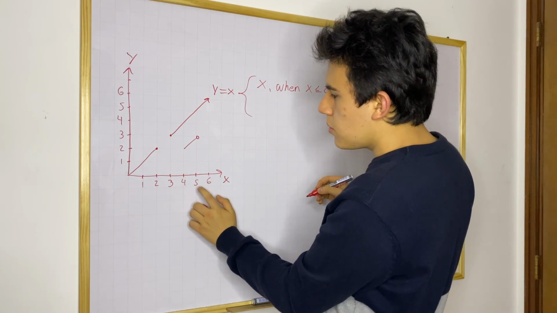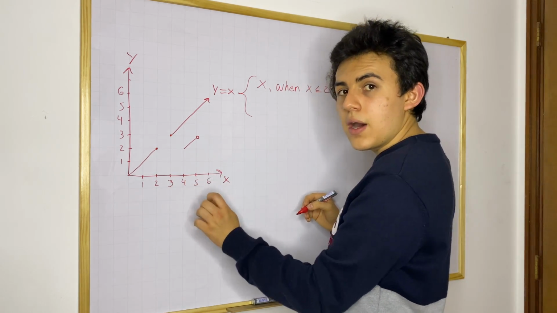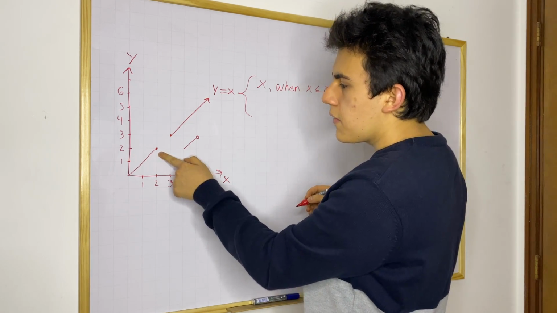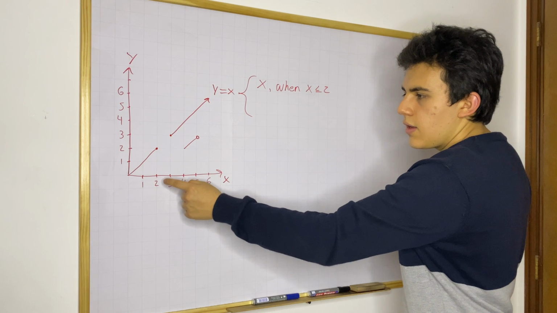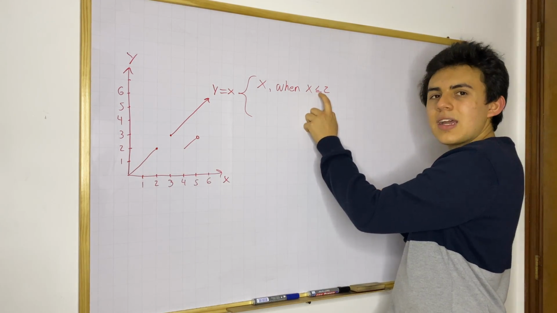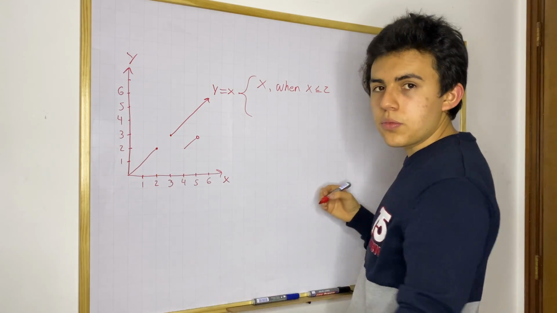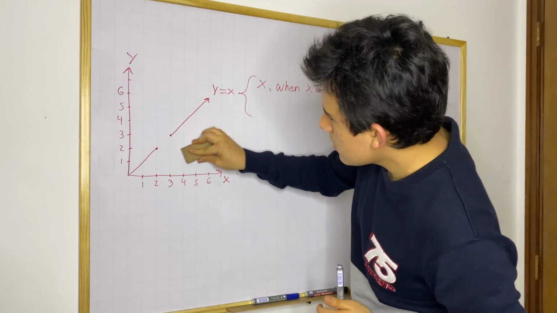So for instance, this would be the interval of the numbers between 4 and 5 without including 5, because the circle is empty. However, if we have a circle that is complete, that simply means that x can be equal to 2, because when we have 2, we have an output right there. So that's what this little ball means.